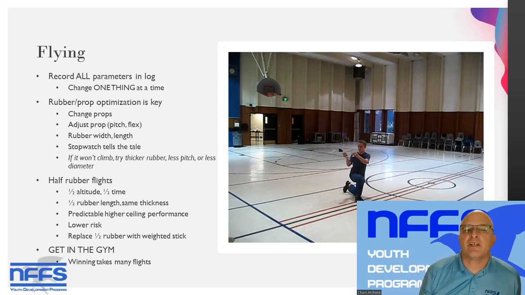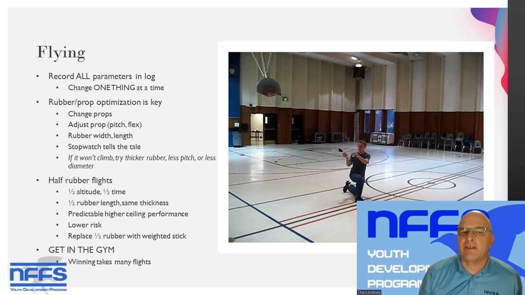The length of the stick should be half of the length of your hook-to-hook length on the plane. When wound to the same torque as the full piece of rubber, you'll have half the number of winds, you'll get half the altitude, and you'll get about half the time on the stopwatch.